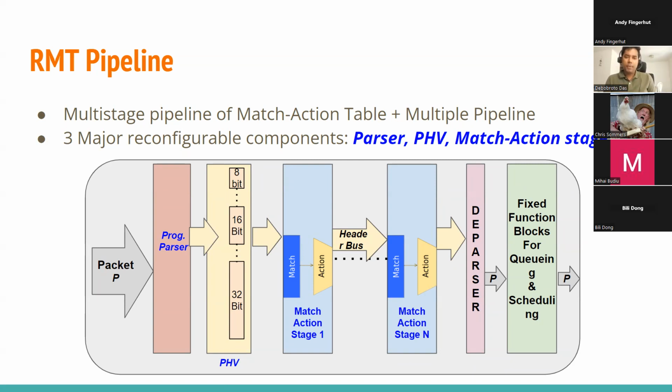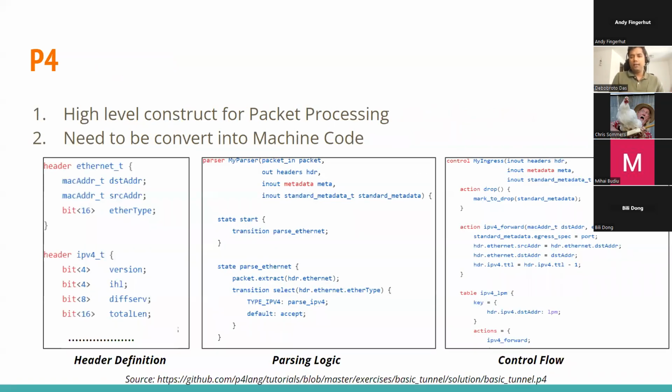The third major component of this pipeline is the match action stage. Here you can match on some packet header field, and based on that matching result, you can execute some action. These are the three major reconfigurable components, and here is a very basic P4 program, which I have taken from the GitHub repo mentioned here.